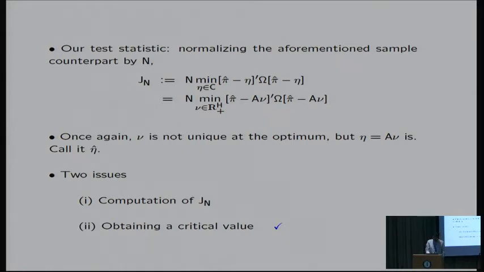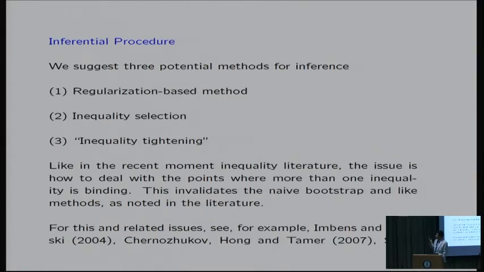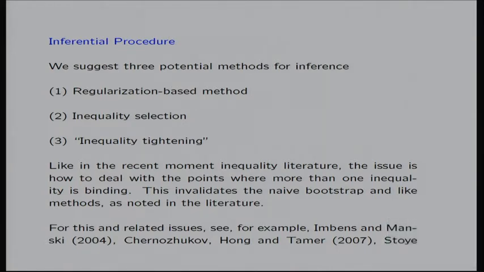So in order to get valid inference in terms of uniformity, you have to do something. One thing you can do is, for example, subsampling. That's quite a versatile tool, although you might experience loss of power. And that's the reason why lots of people started doing this kind of inequality selection method.